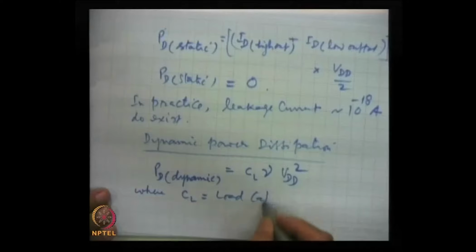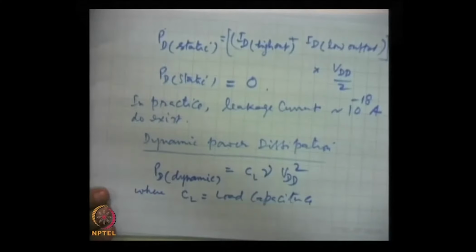And it can be shown that PD dynamic is equal to CL nu into VDD square, where CL is the load capacitance. At the output, what is the capacitance?